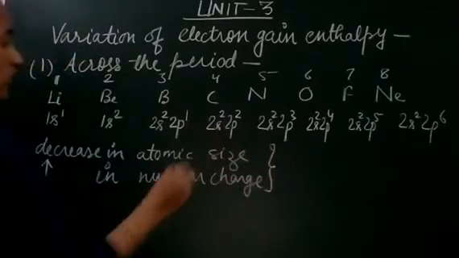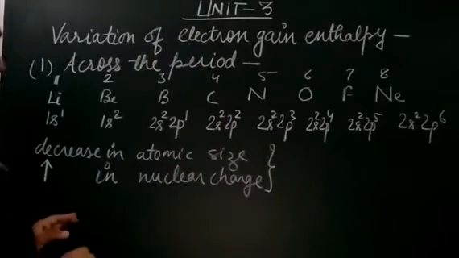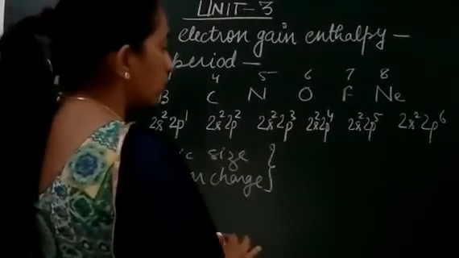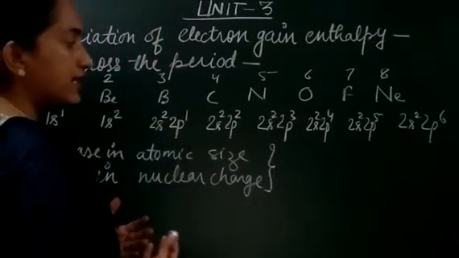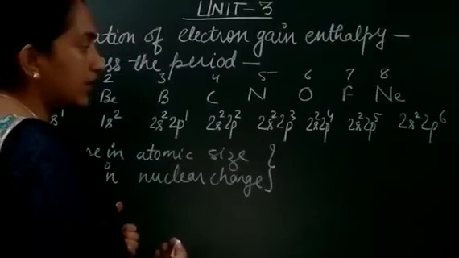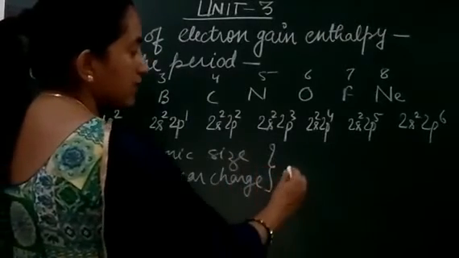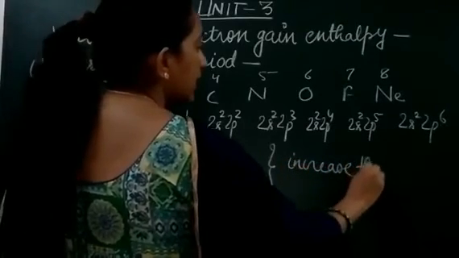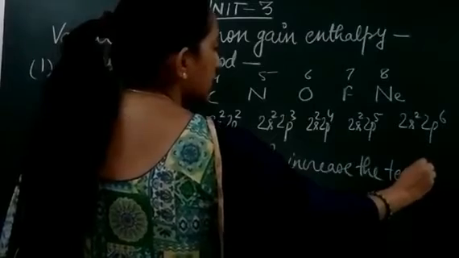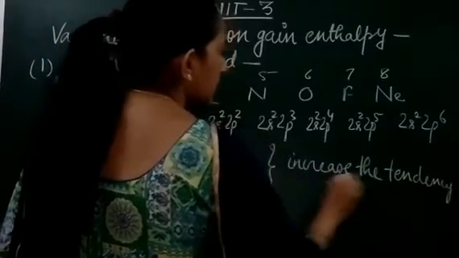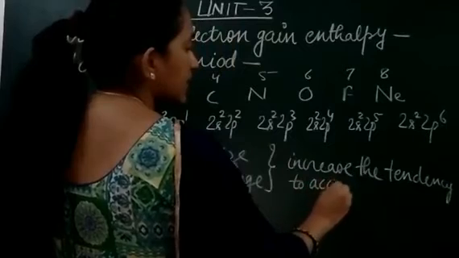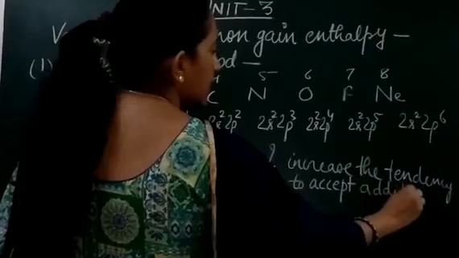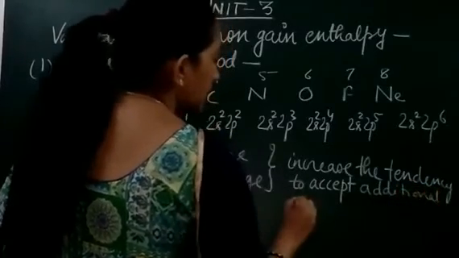Now these two factors, that is decrease in atomic size and increase in the nuclear charge, tend to increase the tendency of an atom to accept the additional electron.